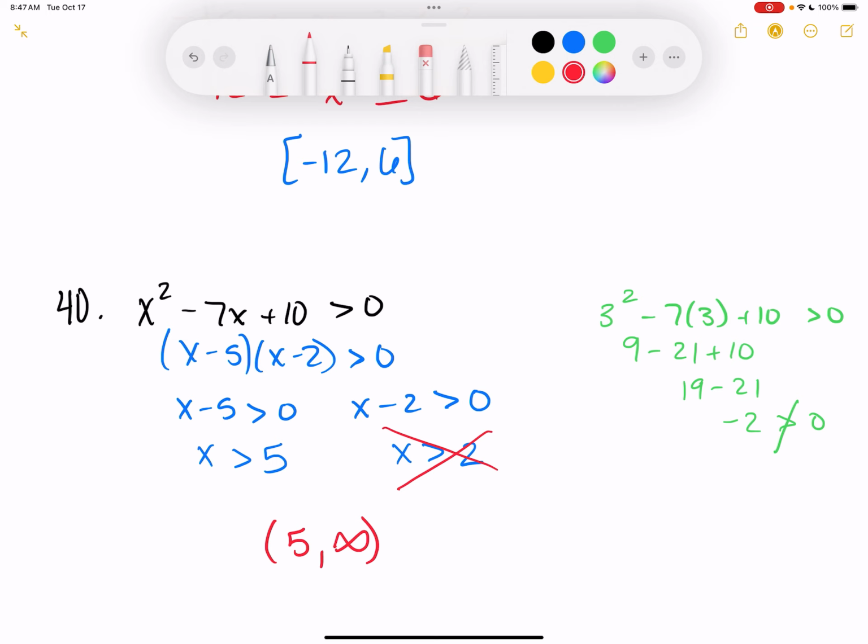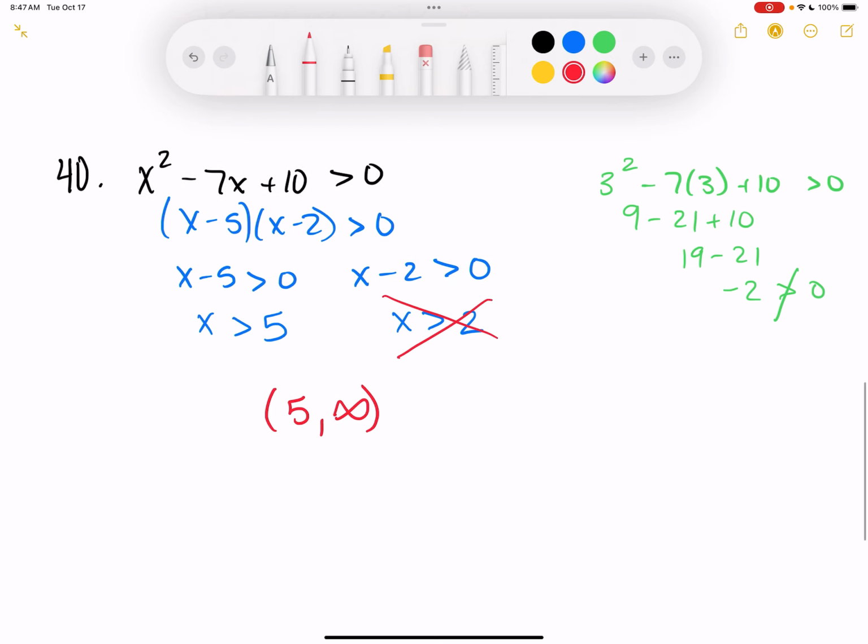Let's see. Let's do 44. This one has something interesting about it. Negative x squared minus 6x minus 16 is greater than negative 8.